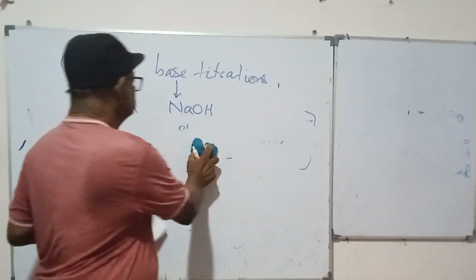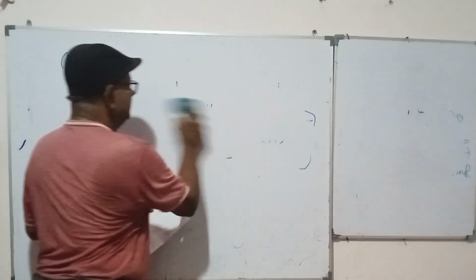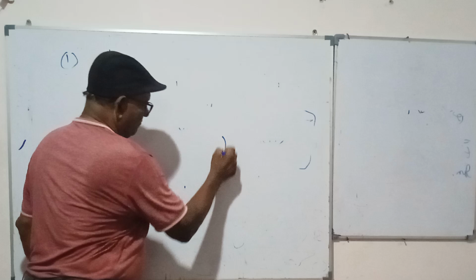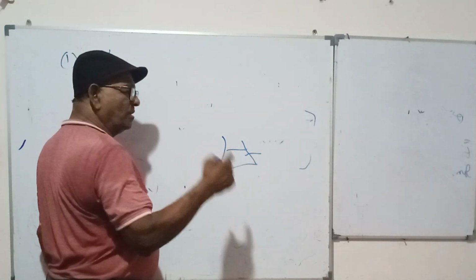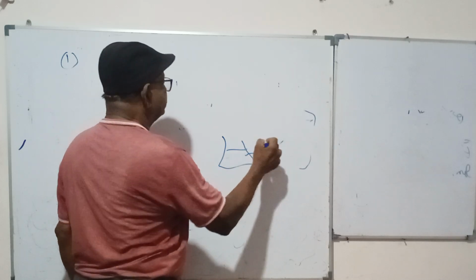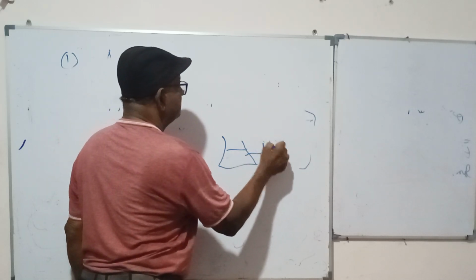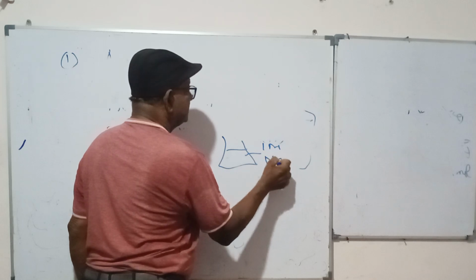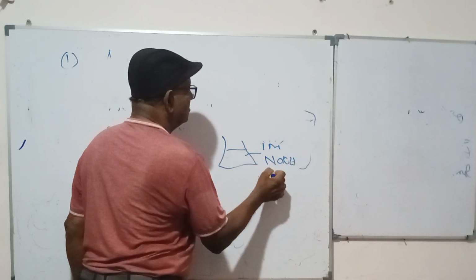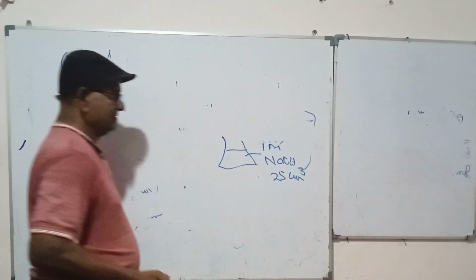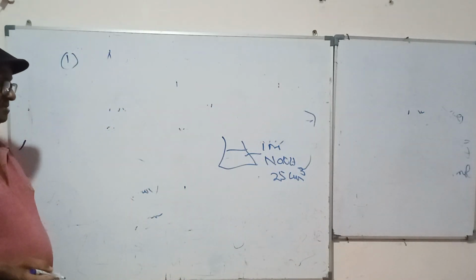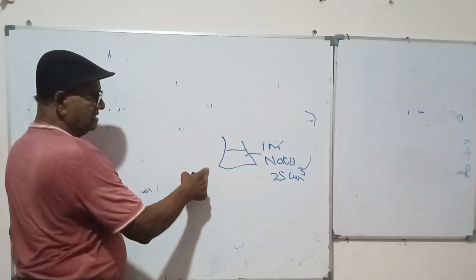Then during the titration, we are taking a known concentration. If it is 1 M NaOH, a known volume, 25 cubic centimeters, is taken normally, generally, into the titration flask.